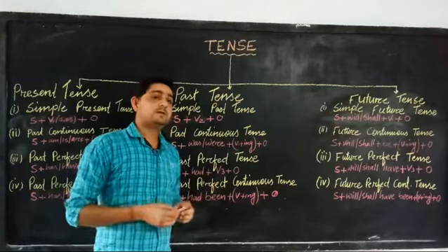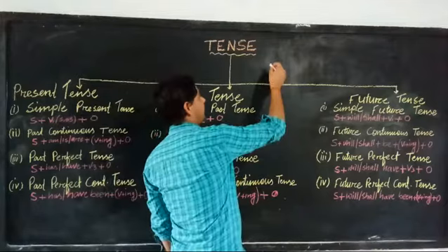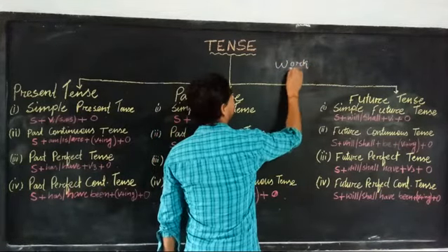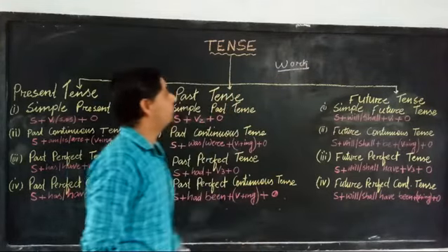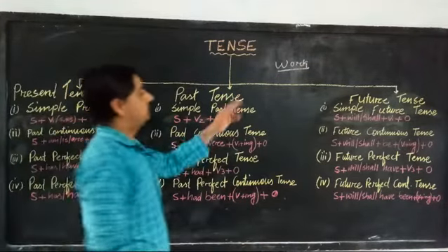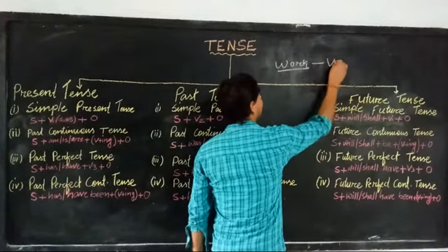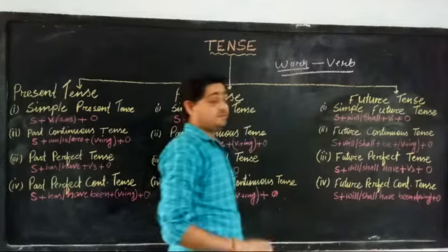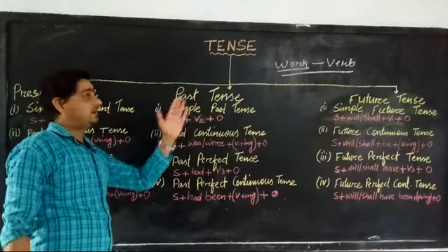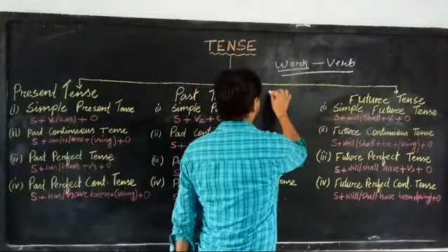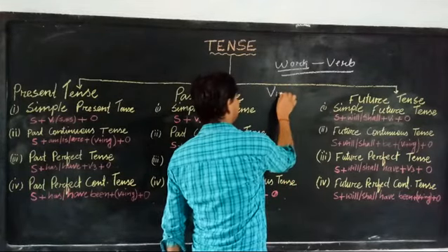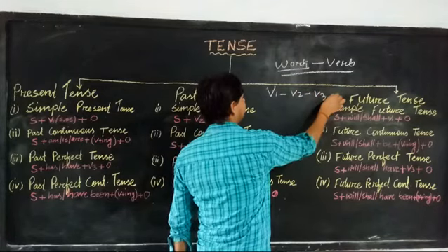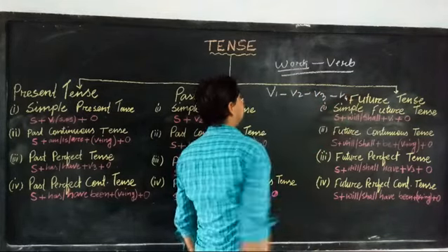If I say the word work, we all know this is a verb, but in which form is this verb? We have verb forms V1, V2, V3, V4.